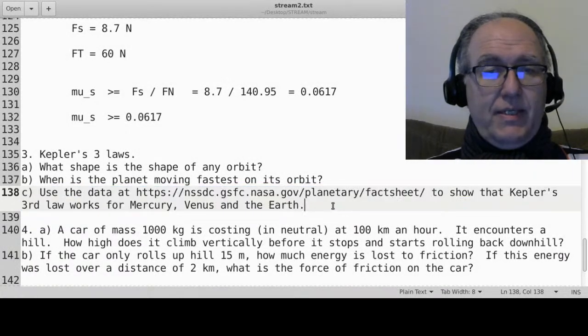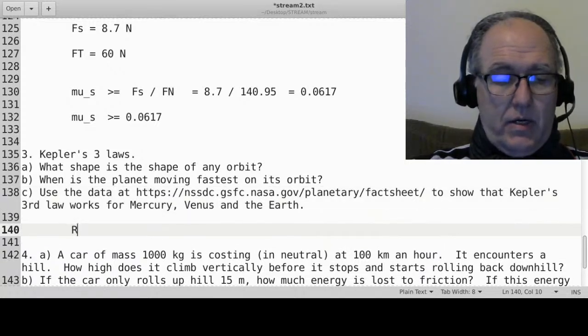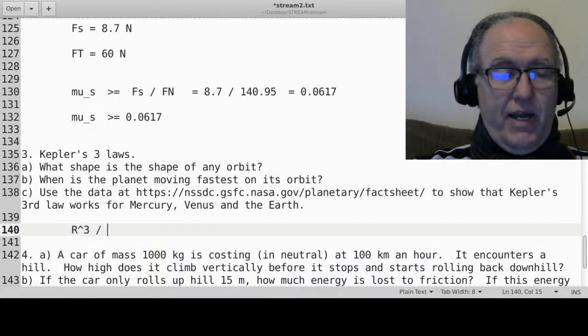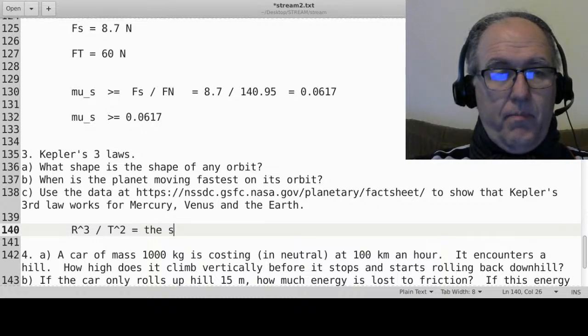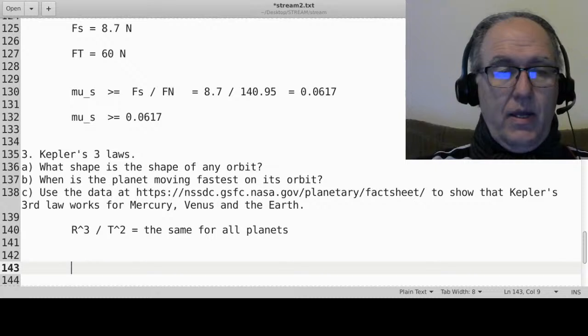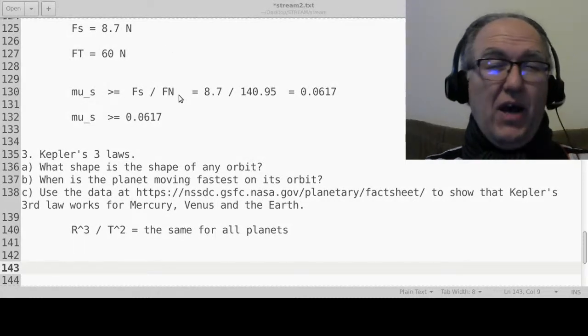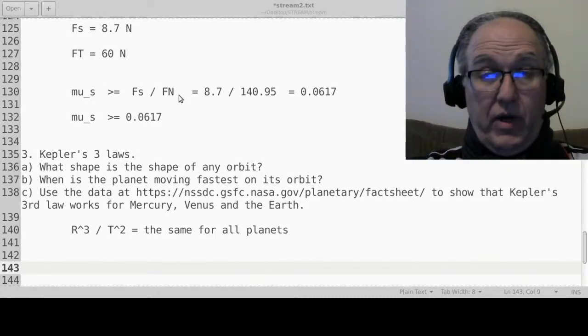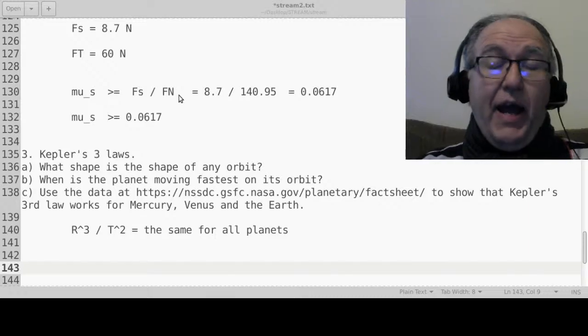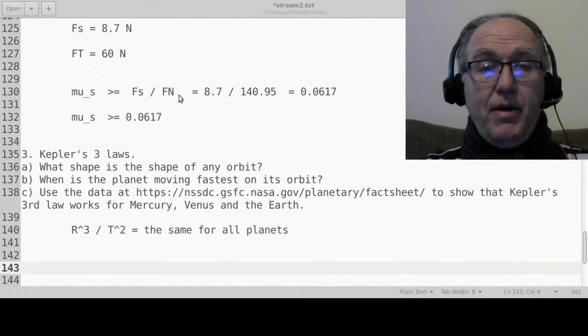Kepler's third law basically says that r cubed divided by t squared is the same for all planets. You can either use that to calculate, if one of the r or t's is unknown, or you could just verify that it's true, like you would in a lab.